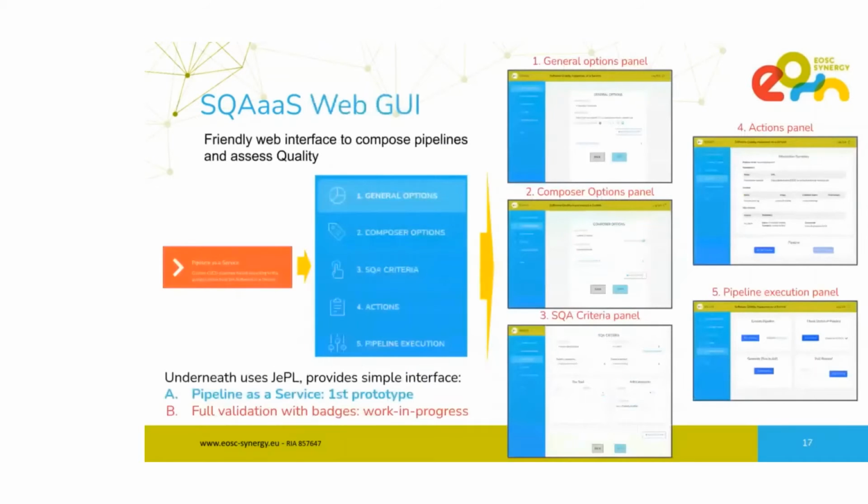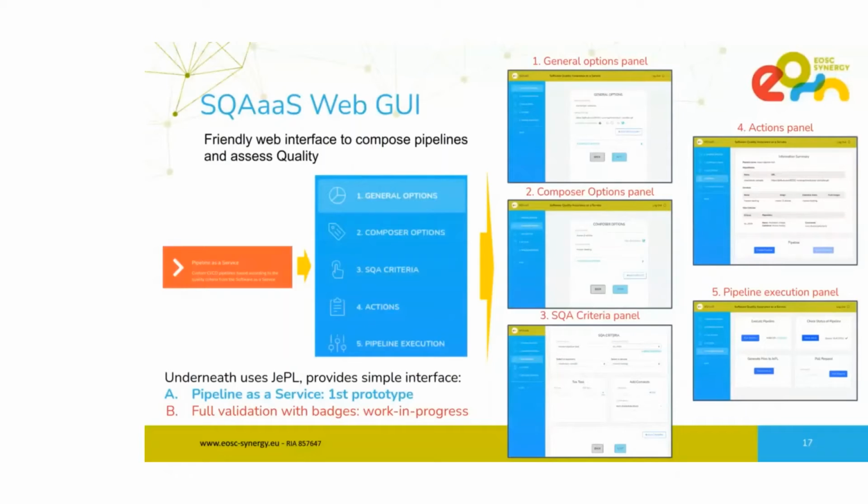Then the web graphical user interface, as I said, aims to bring a friendly way to compose the pipelines and access quality. You first describe what you want to test and how many repositories have to be included in the test, then which Docker image you want to use.